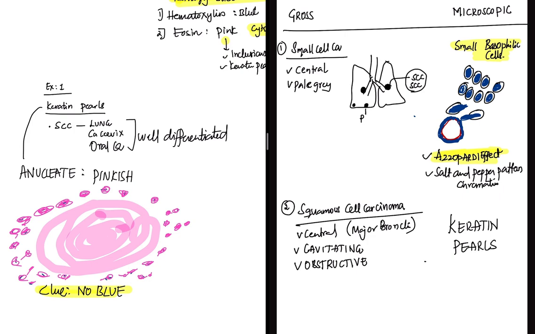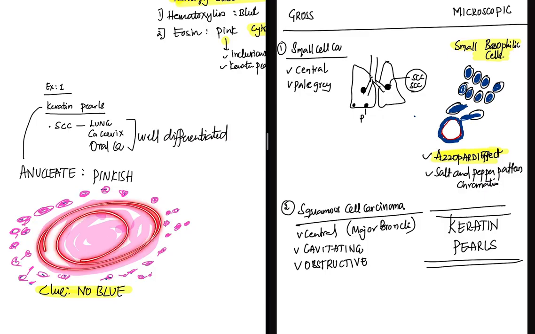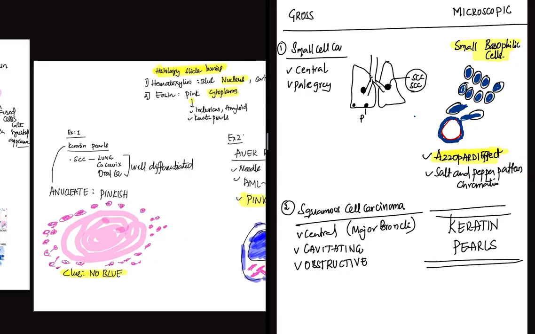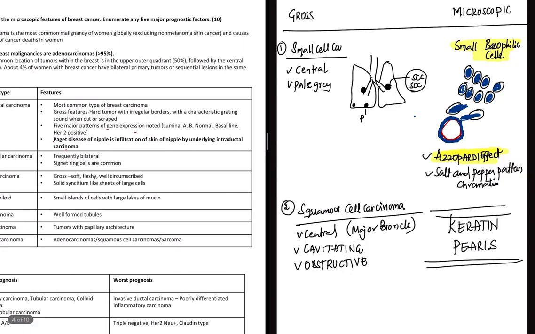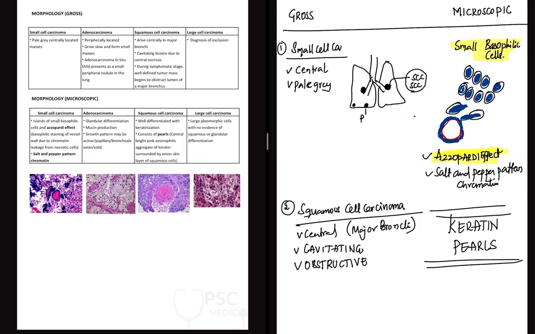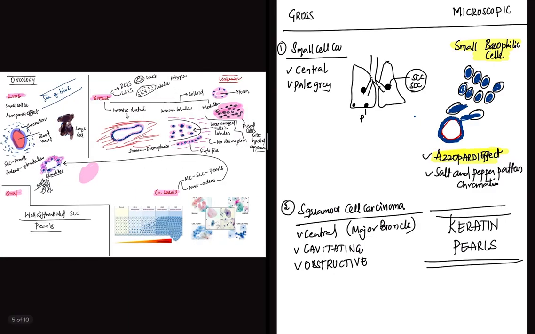These keratin pearls are anucleate and there is no blue. That's why they are pinkish, pearl-like. You can see the pink color, the anucleate structure. This is a keratin pearl, which is characteristic of squamous cell carcinoma, that too well differentiated.